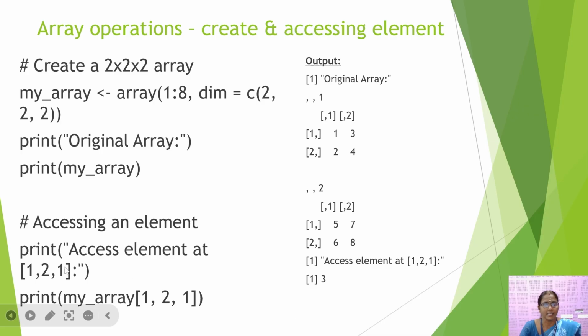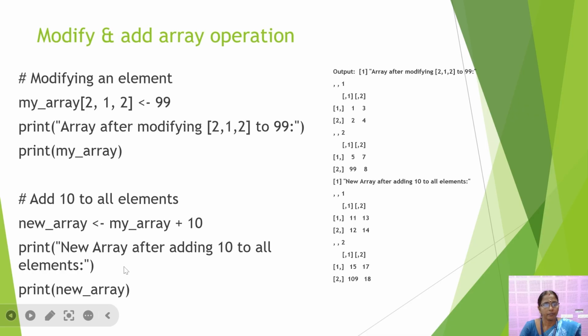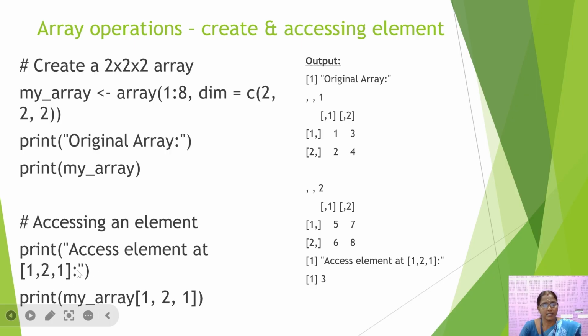The original arrays are, when we print them, the first array is 1, 2, 3, 4 and the second array is 5, 6, 7, 8. Suppose you want to access a particular element in the array, the command is array of 1, 2, 1.